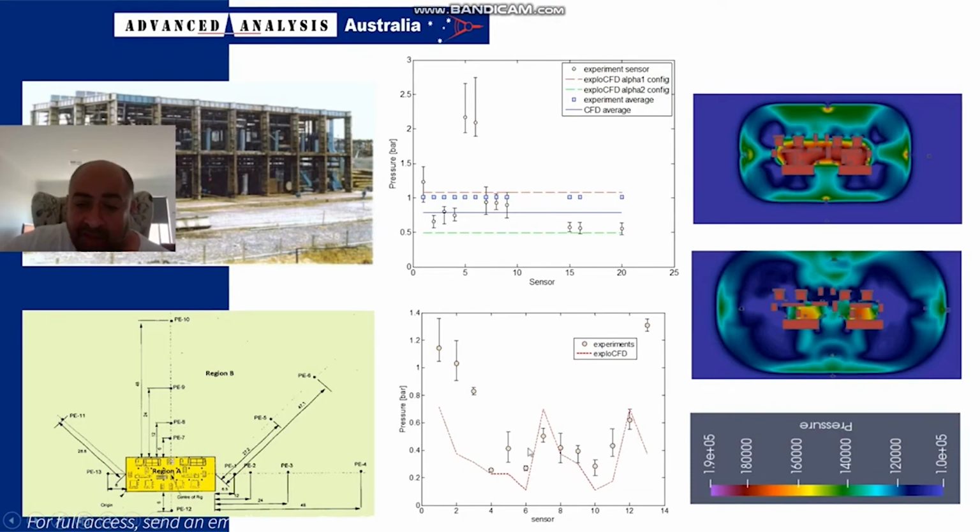This is about as good agreement as you're going to get from any explosion modeling software, 2D, 3D, or any other type. The software performs as well as you might expect, and of course we continue to keep testing it and pushing its limits and seeing where you can and where you can't use it.